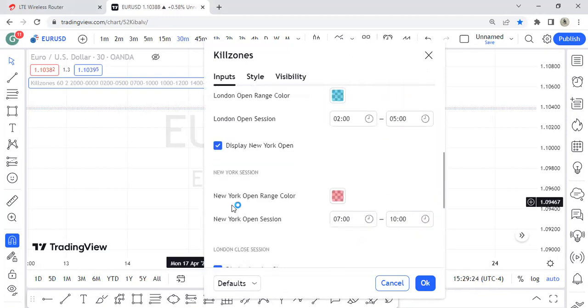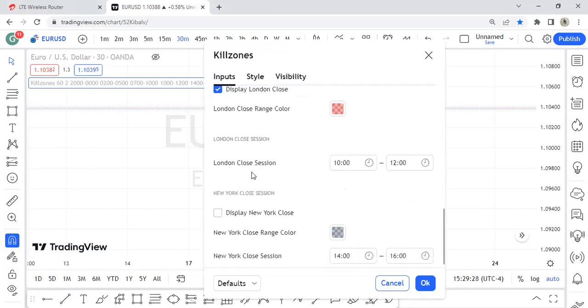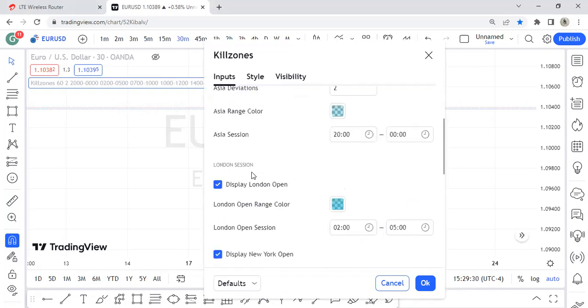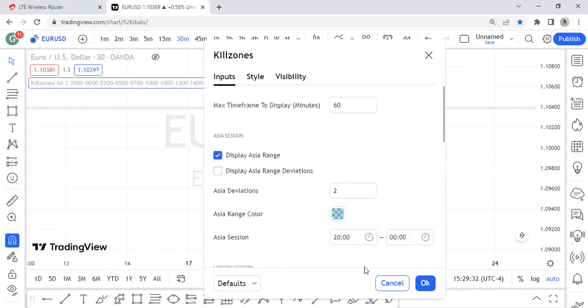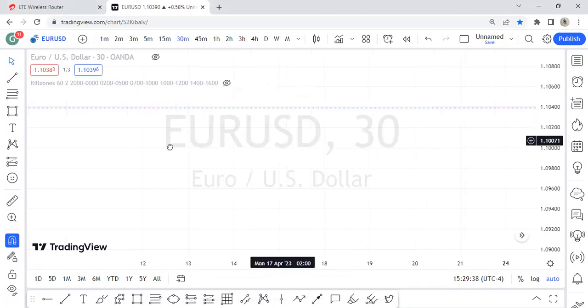Whatever other settings you want, you have Key Zones here. The other key zone settings are available as well to help you, so it is up to you if you also want to toggle those on. So now you have the Asian range.